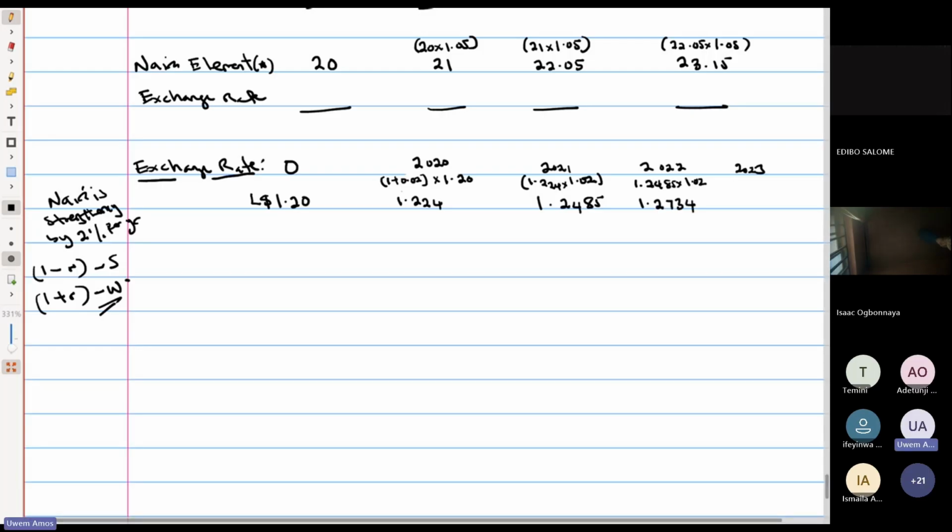Then finally, that multiplied by 1.02, I have 1.2989. So that is 1.2734 multiplied by 1.02. Okay. So those are our exchange rates, guys.